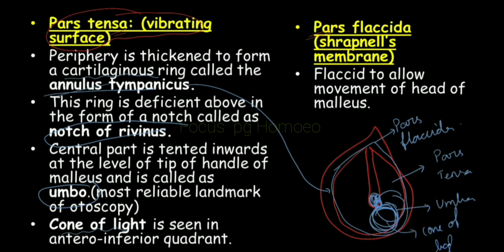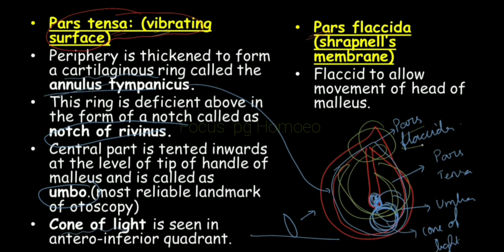These are important MCQs related to the tympanic membrane. Basically the tympanic membrane looks like this, but here we are seeing a different cross section, so try to understand it. I'll explain again. In pars tensa, which is the vibrating membrane, all this area is pars tensa, and this area is pars flaccida.